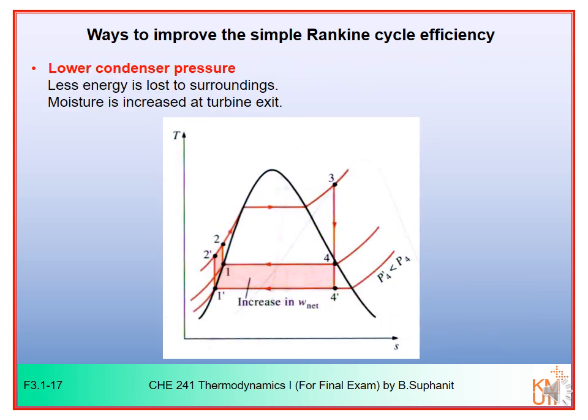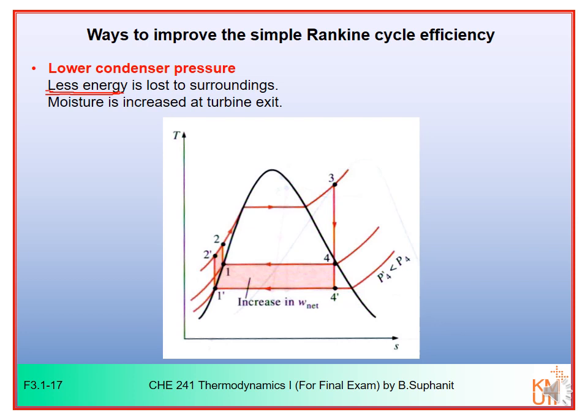The next way to improve the Rankine cycle efficiency is by lowering the condenser pressure. If you lower the condenser pressure, you can see that when compared to the original cycle, you have more area in the pink zone here. This is the benefit that you get. It means that you reduce the energy loss to the surrounding.